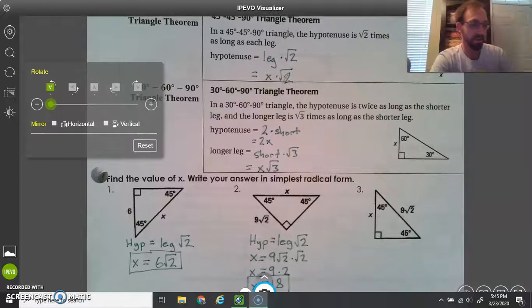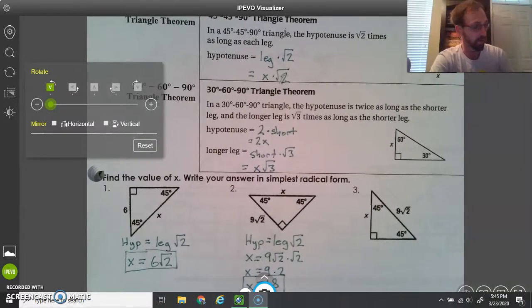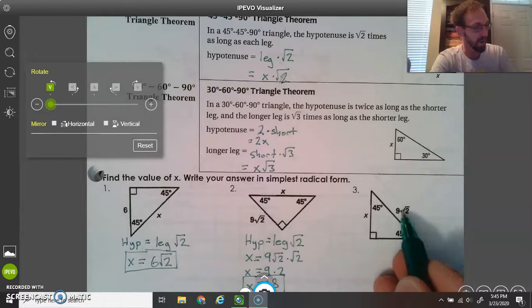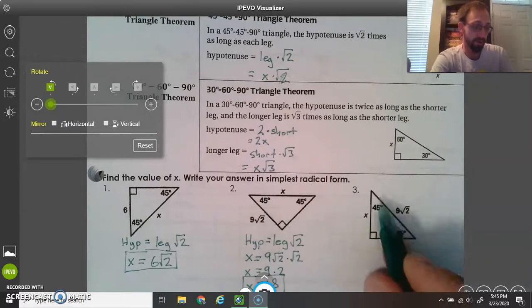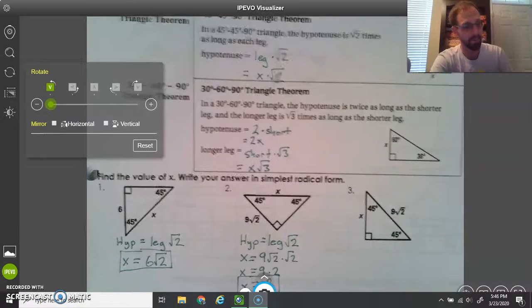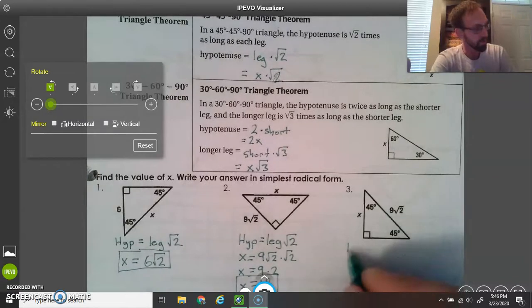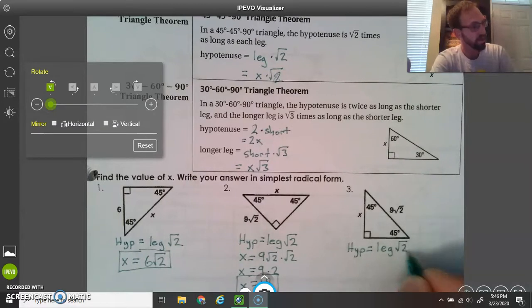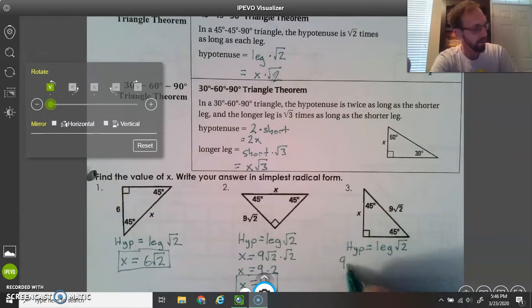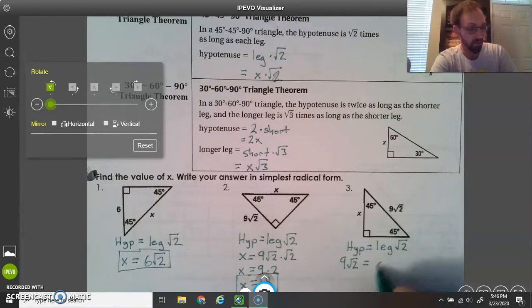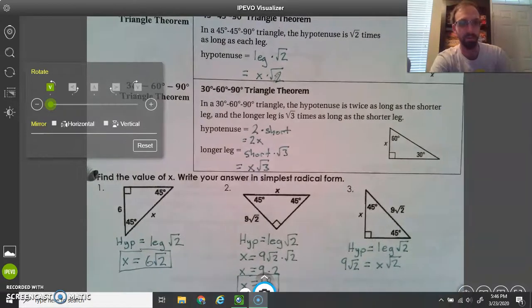Number 3 is different than the other one. As you can see, this is 9 square root of 2 for the hypotenuse, and we're actually trying to find the leg. So we still start with the same formula, hypotenuse equals leg times square root of 2. But now the hypotenuse is 9 square root of 2. The leg is your x, and we're taking it times square root of 2.